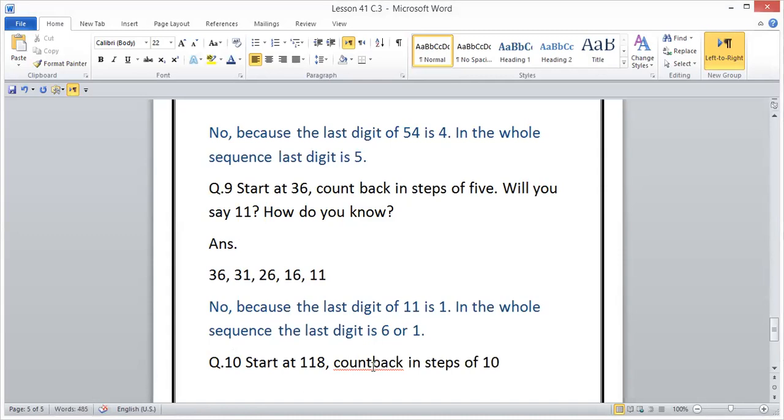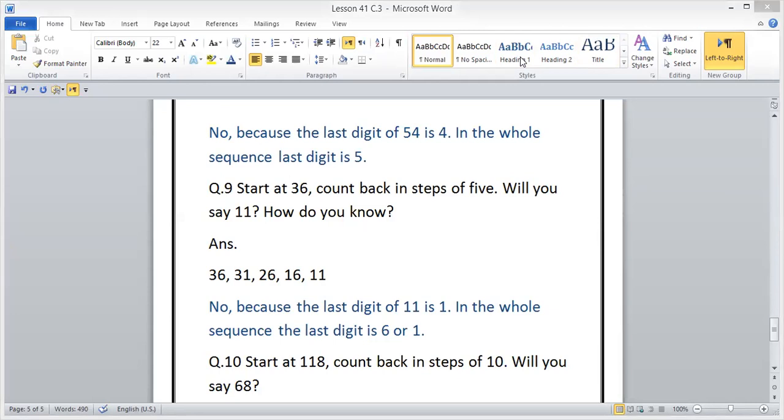Will you say 68? This is the question. Start at 180. Count back in steps of 10. Will you say 68? What will be your answer, guys? Yes or no?